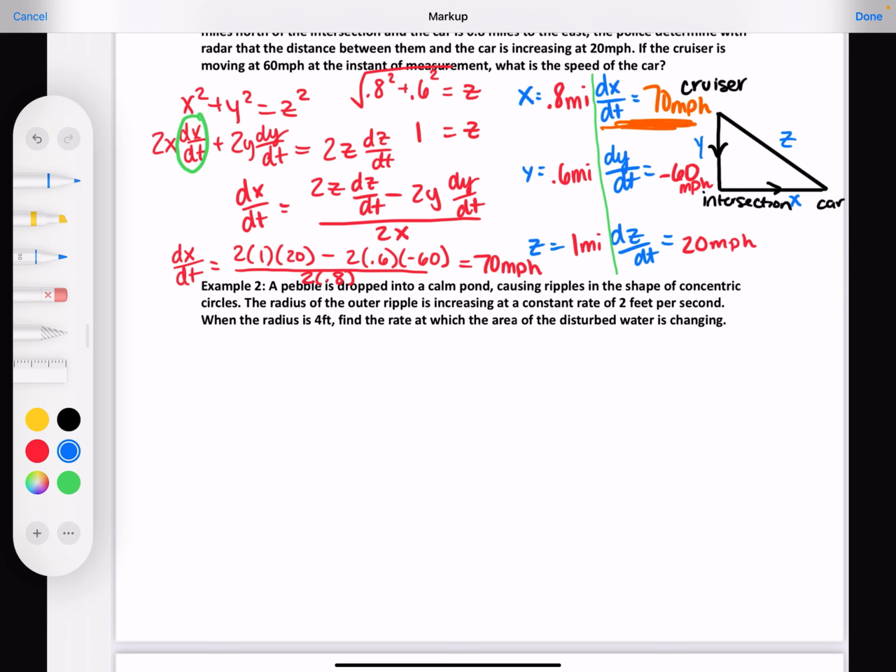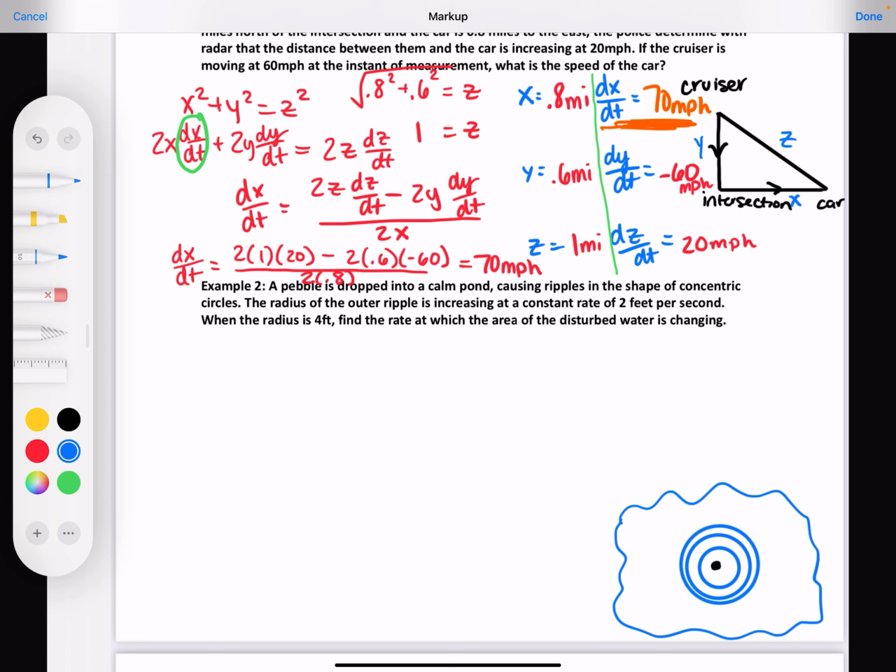So basically, I'll draw a little picture down here. You have your little pond, and they drop a rock into the water, and then it causes these ripples.